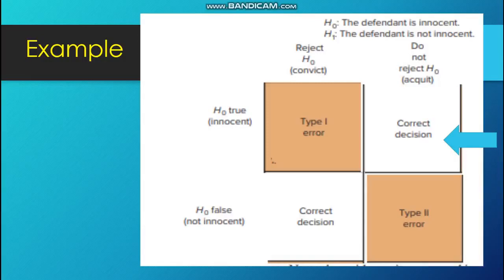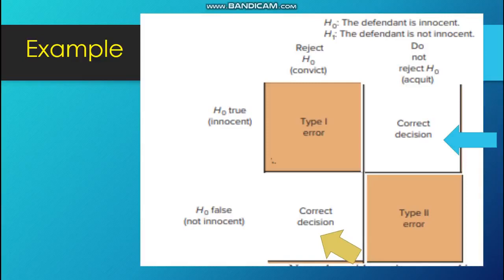Now, if the null hypothesis is false, ibig sabihin, si defendant is not innocent, and then you reject the null hypothesis, ibig sabihin convicted yung ating defendant, tama pa rin yung iyong decision. Ibig sabihin lang doon, may sala yung ating defendant.